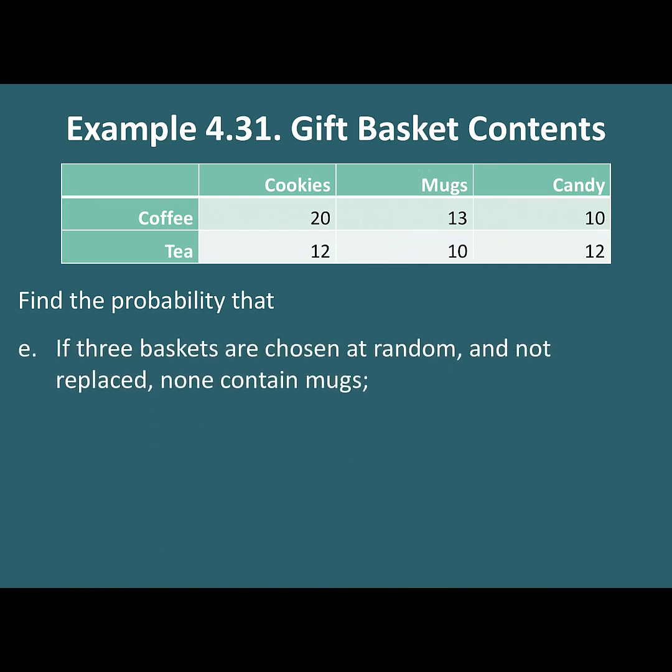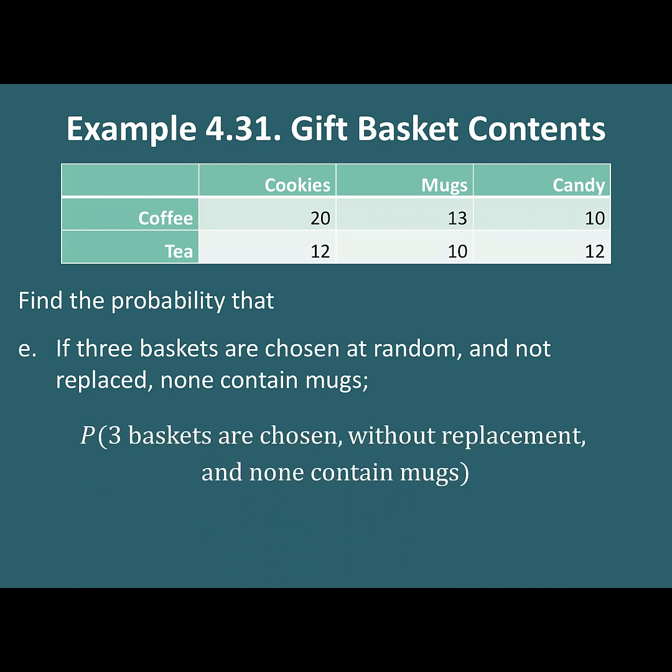Now let's find out if 3 baskets are chosen at random, the probability that none contain mugs, and there was no replacement. Again, we're going to be multiplying. The baskets that do not contain mugs will be this 20 plus 12 and this 10 plus 12.